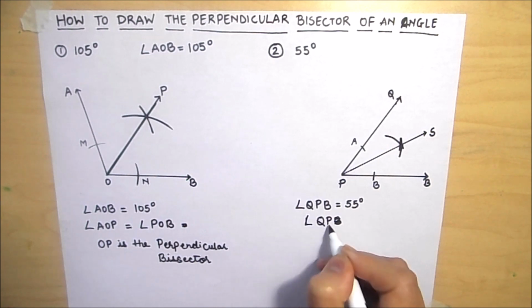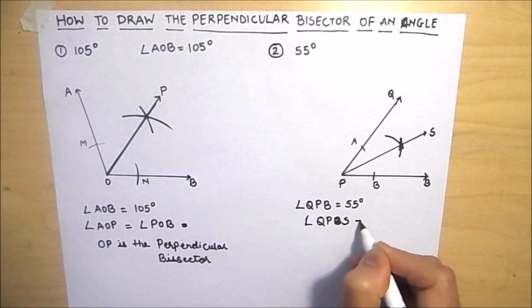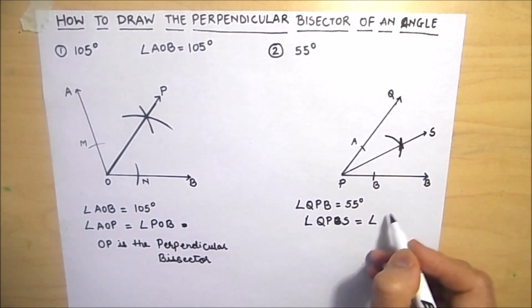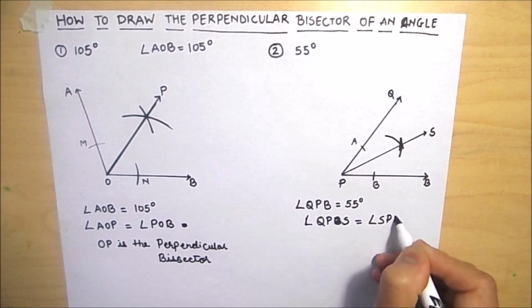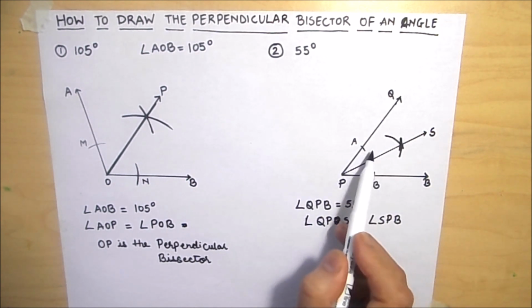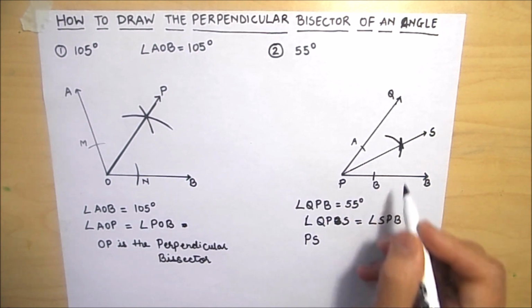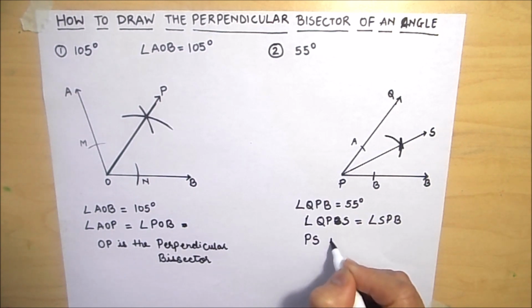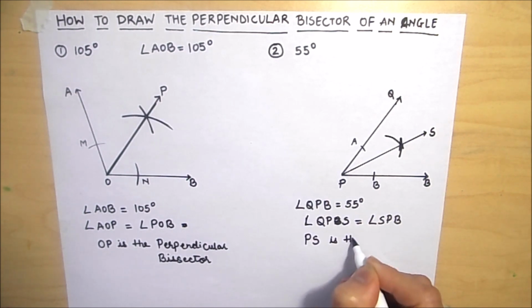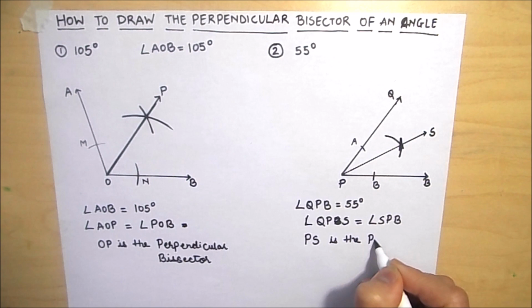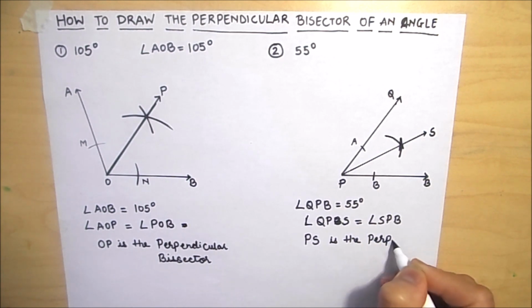Here angle QPS is equal to angle SPB. These two angles are equal, and the bisector of the angle is PS. So here PS is the perpendicular bisector of the angle.